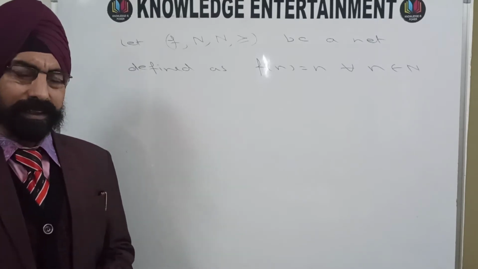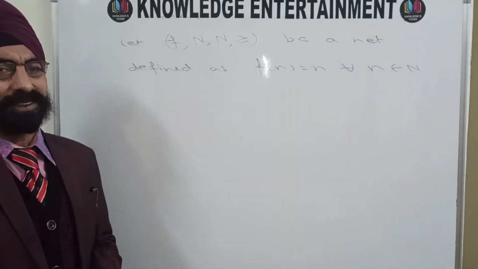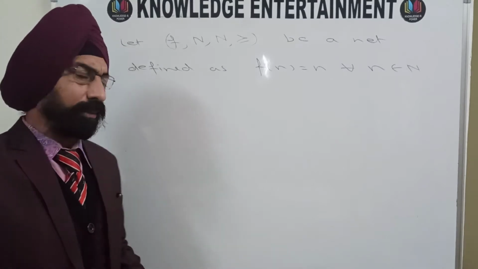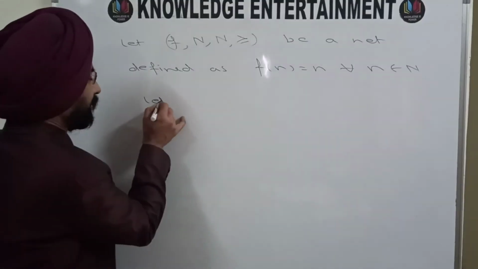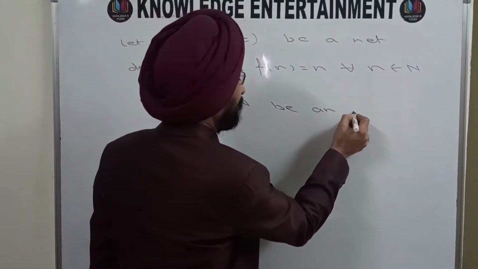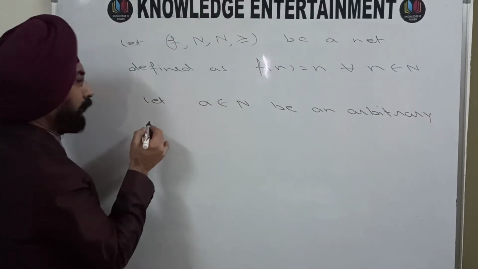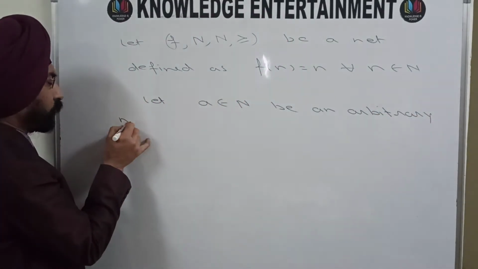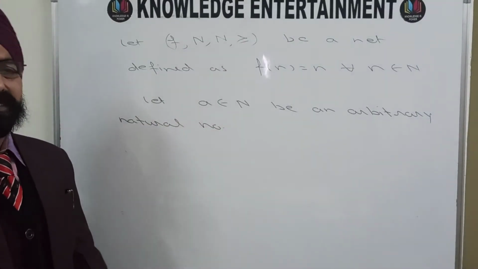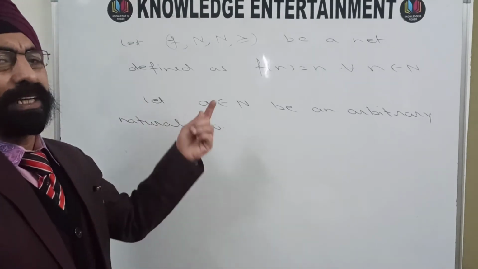Why? Let us prove that no natural number is a cluster point of this net. You take any natural number. So let a belong to N be an arbitrary member of N, or you can say an arbitrary natural number, and we will show that this a is not a cluster point of the net.